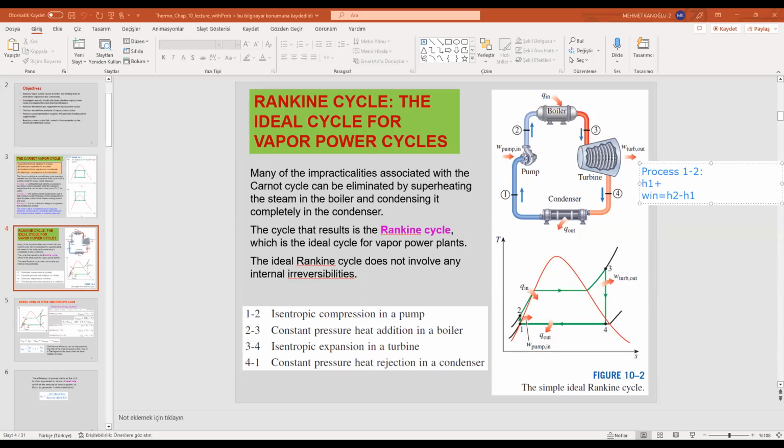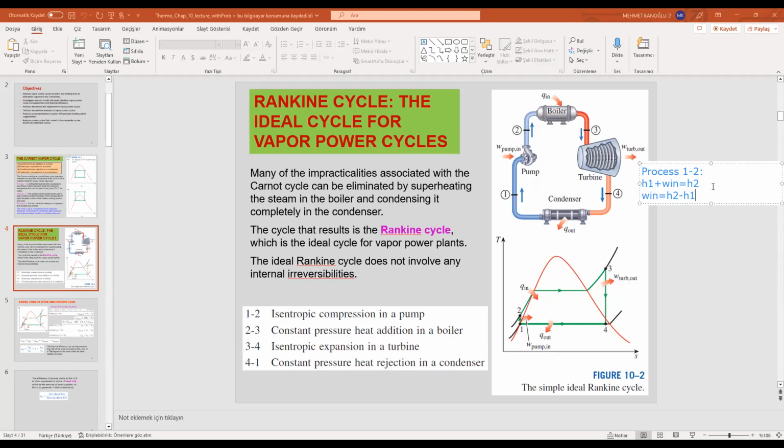There is energy entering by work, which is work in by the pump, and energy leaving by mass, which is H2 per unit mass. And from here, if you solve for work input to the pump, it is H2 minus H1.